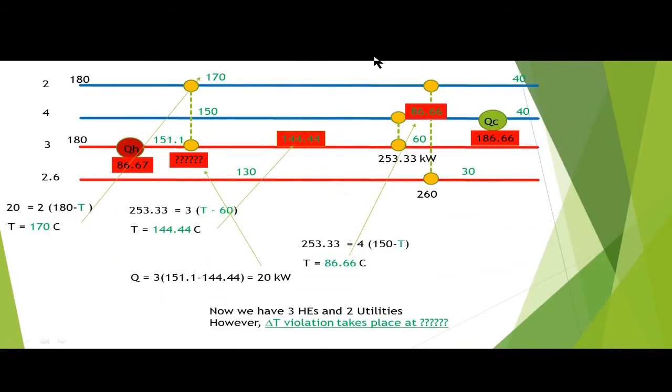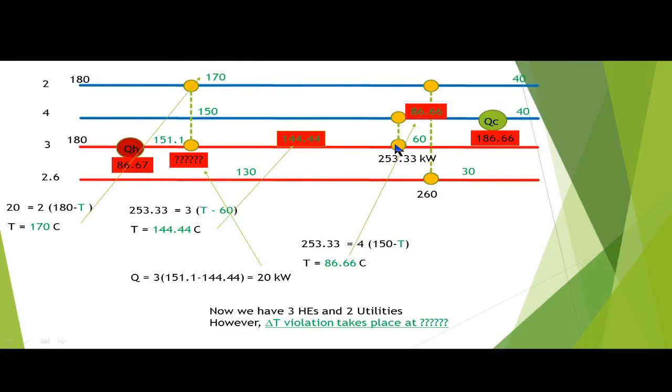This is very nice. However, we need to check for violation, and we found that some unit is causing a violation of delta T. Where is it? The first unit looks fine. 170 minus 144 is greater than 10. The second unit is 150. This is too high.